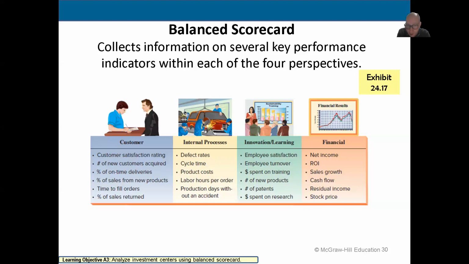R&D, we look at things like employee satisfaction, employee turnover, the amount spent on training, the number of new products developed, number of new patents, the amount spent on research, etc. Then from financial information, we look at things like the net income, return on investment, sales growth, cash flows, residual income, stock price, etc. This goes on and on.